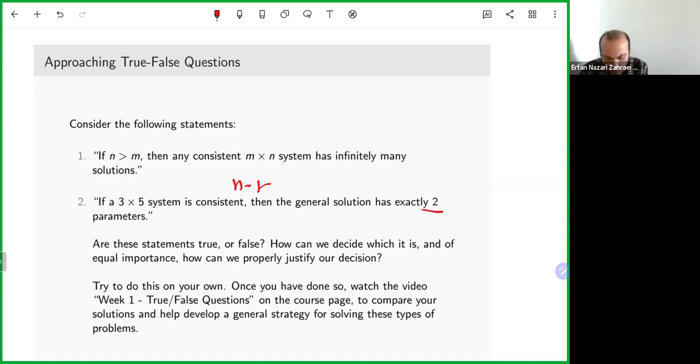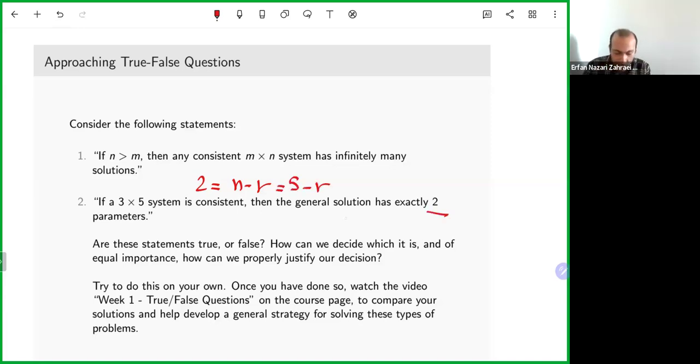So here we want two parameters. The number of parameters is n minus r, and it should be 2. But what is n? N is the number of variables. It's 5 in this case. This is m by n. So it's 5 minus r.